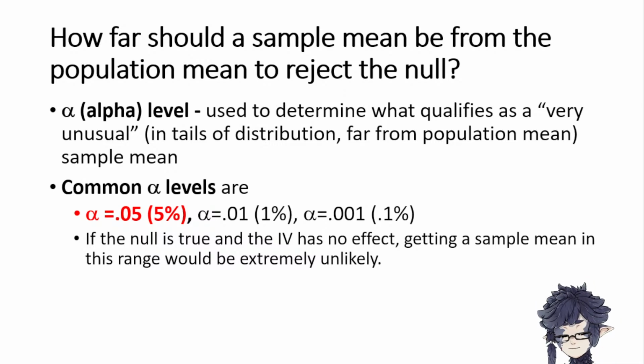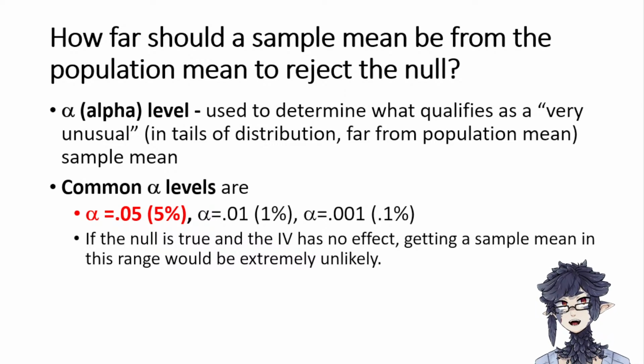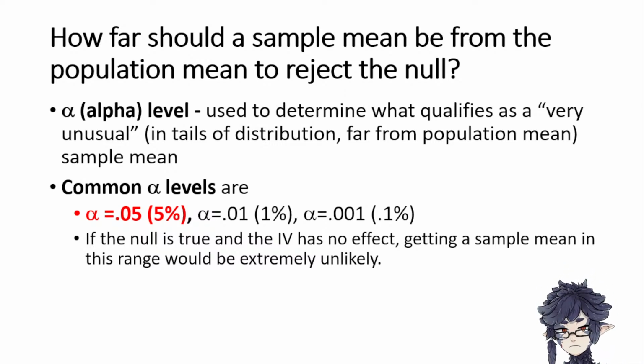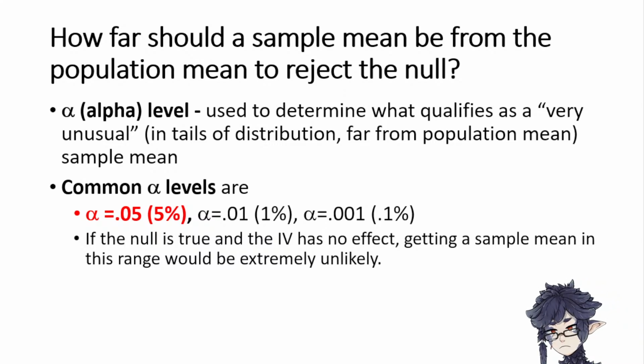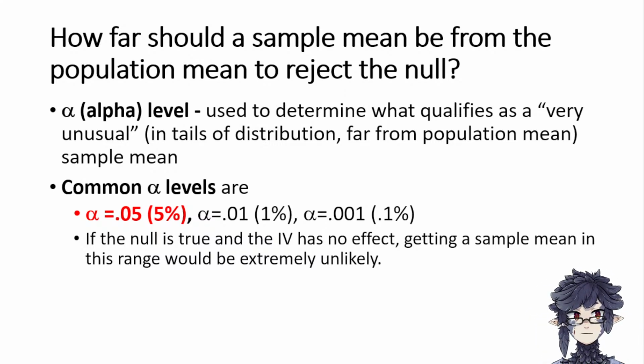The idea here is that these alpha levels represent how far away your sample mean has to be from the population mean, or to put it another way, how unlikely it would be for you to get the sample mean you did based on the population. So the idea here is alpha of 0.05 means there needs to be a less than 5% chance that we would have grabbed this sample if the null was true.